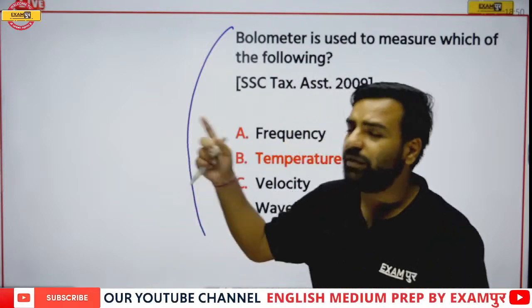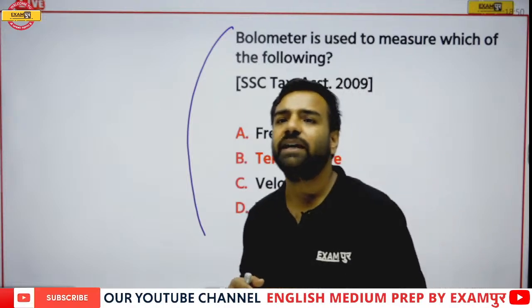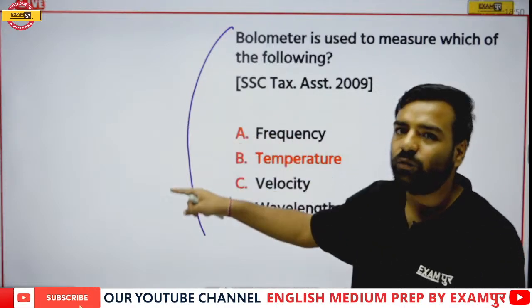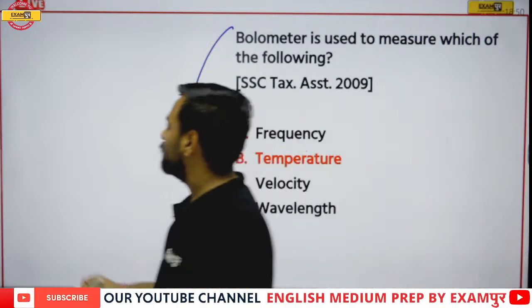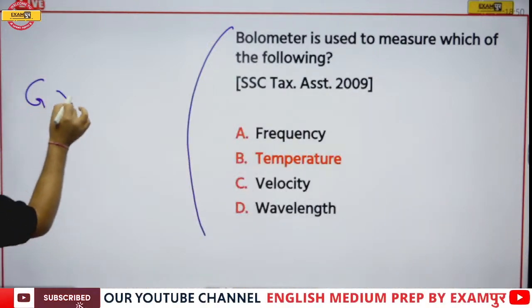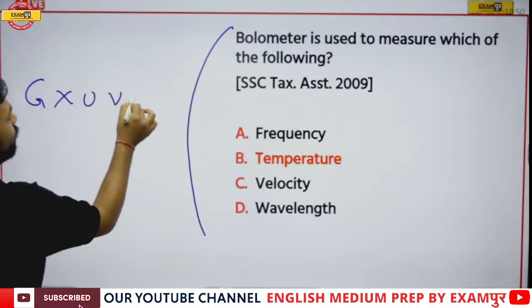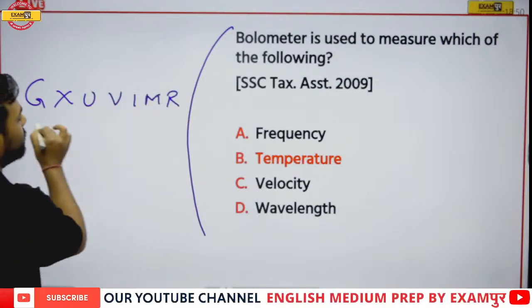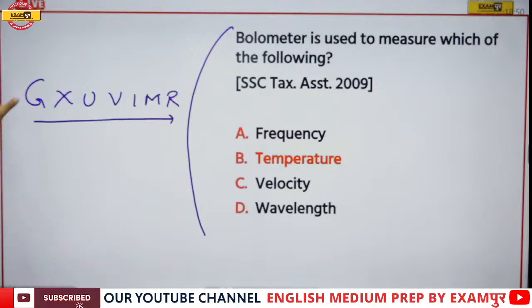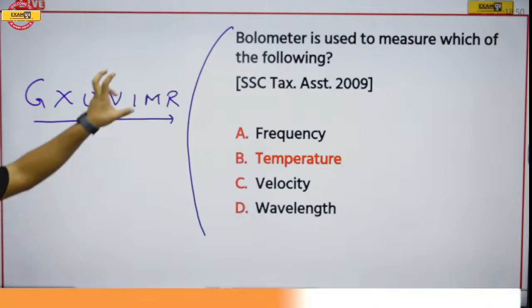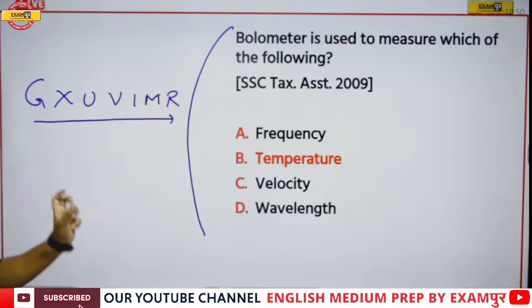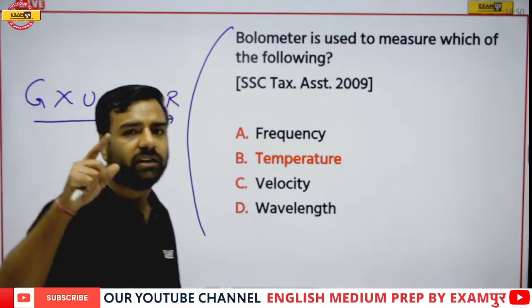Then we discussed electromagnetic waves, where we had G, X, U, V, I, M, R, that is gamma ray, X-ray, ultraviolet ray. Please remember, this sequence order is of extreme importance. Whenever a question is asked, if you remember the sequence order and where we have the highest energy and the lower energy, that is very important because in the examination, once you get it, you will click the correct answer.